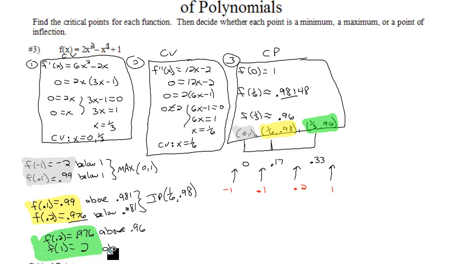Two is also above 0.96. If the neighboring points on both sides are above, it means this point is pretty low. If everything is above it, it's a low rider. So 1/3, 0.96 is a minimum.